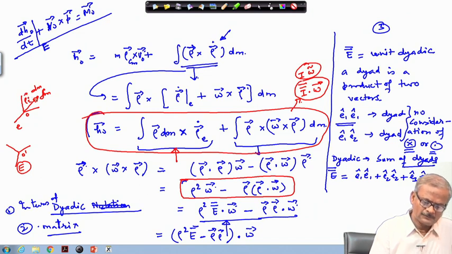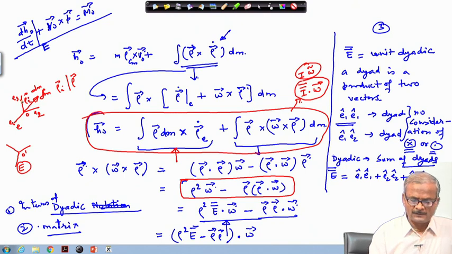If this vector rho I, or rho, changes with respect to this body frame E 1, E 2 and E 3, only then this term exists, otherwise this term will be 0.